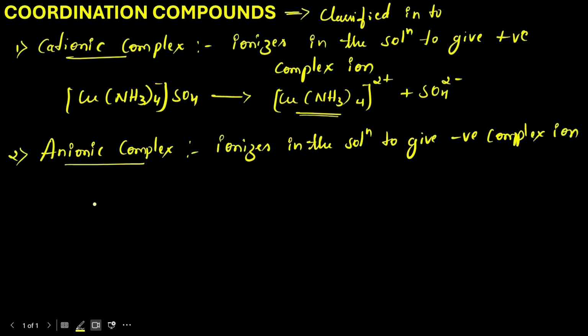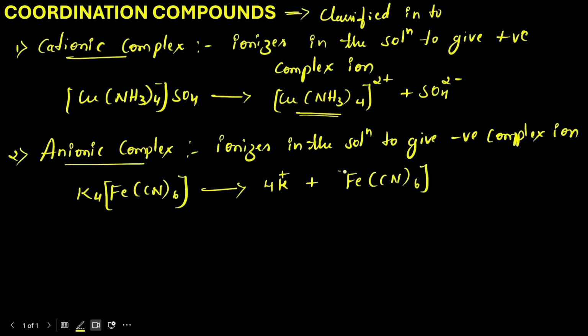For example, K4[Fe(CN)6]. This is the coordination compound which ionizes to give 4K+ and [Fe(CN)6]4-. This complex has a negative charge on it, therefore it is an anionic complex.